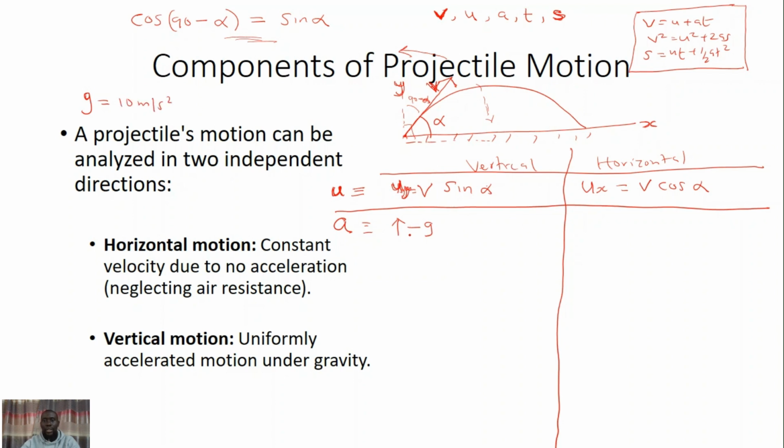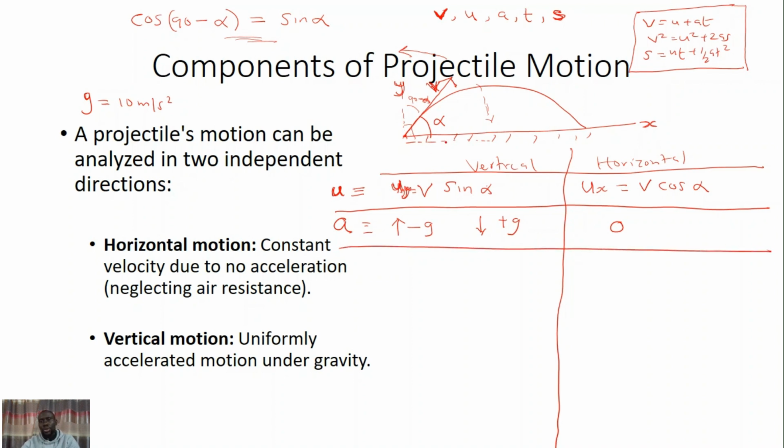So when the body is going up, it will be minus g. When the body is coming down, it will be plus g. Now, in the horizontal component, there is no acceleration for a projectile motion. So, acceleration is equal to 0.